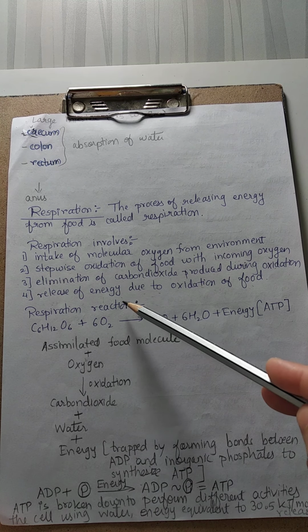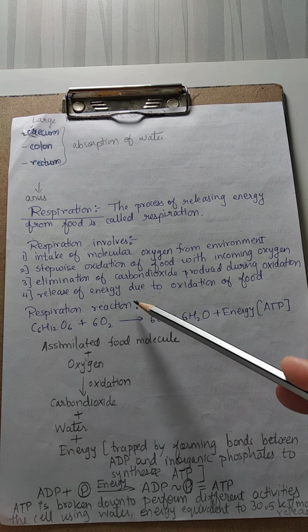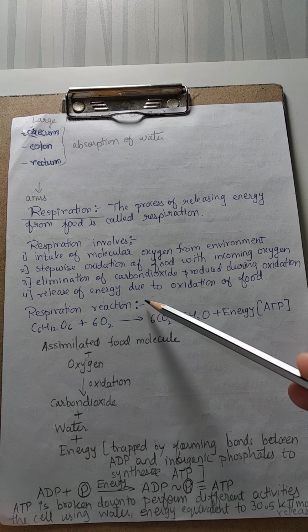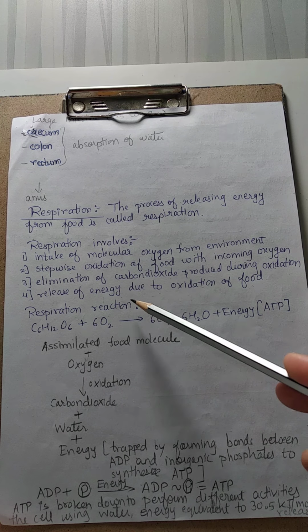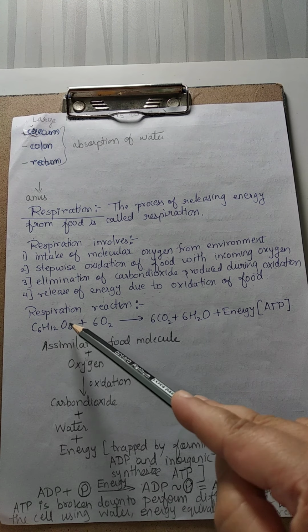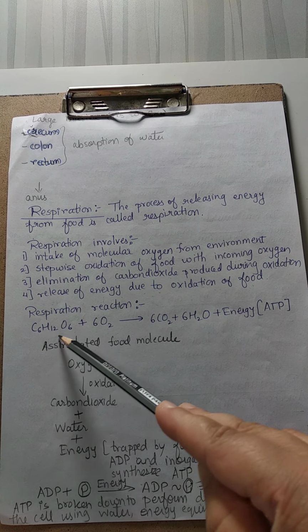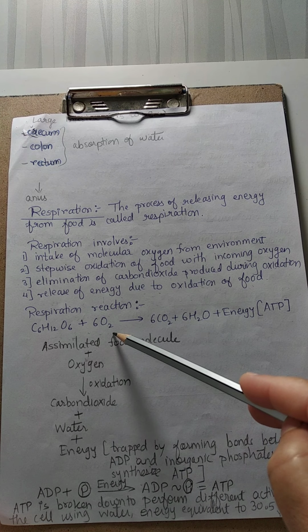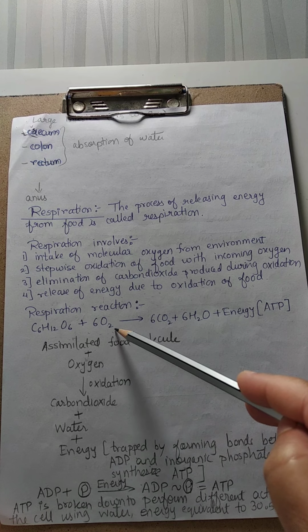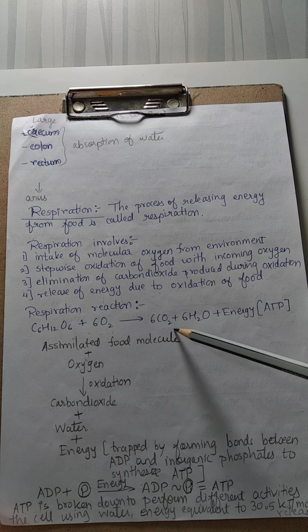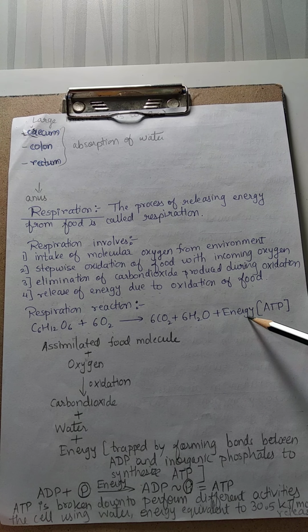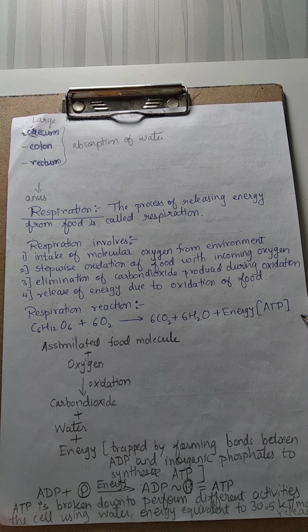So, the chemical equation, the respiration reaction for aerobic respiration can be written as C6H12O6, this is glucose, plus 6O2, gives 6CO2 plus 6H2O plus energy, which is released in the form of ATP, adenosine triphosphate, right?